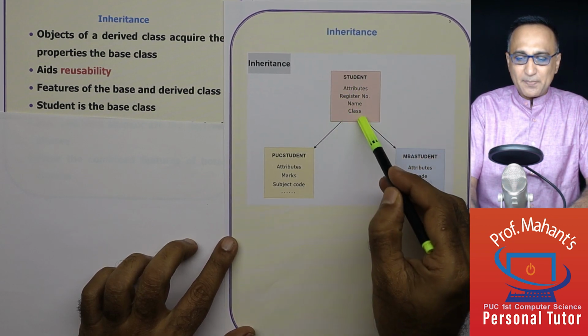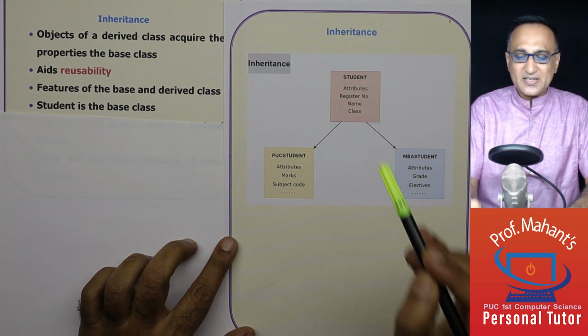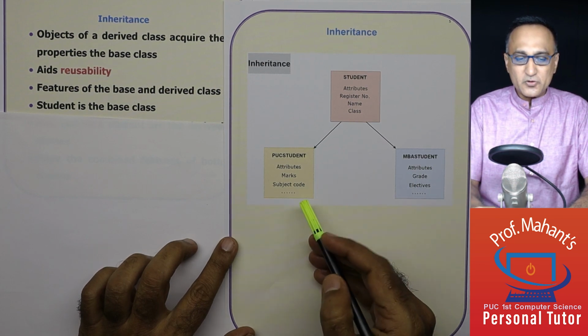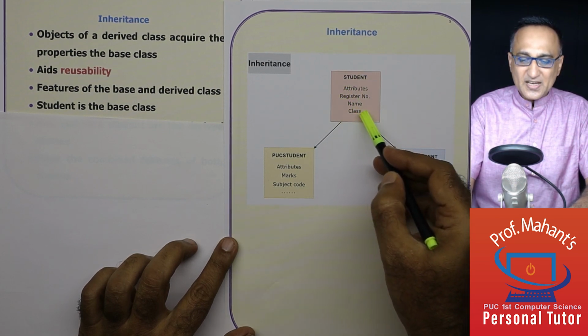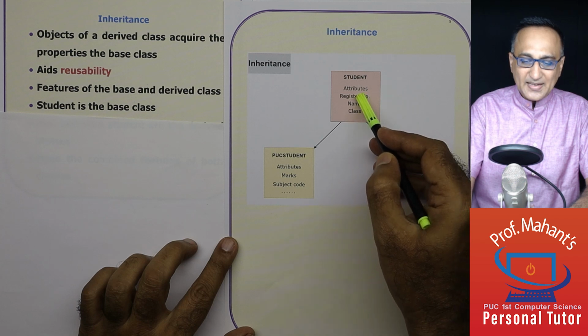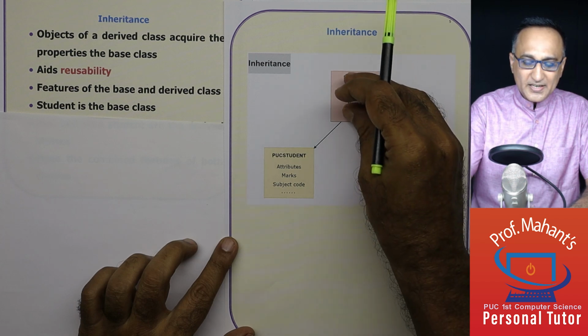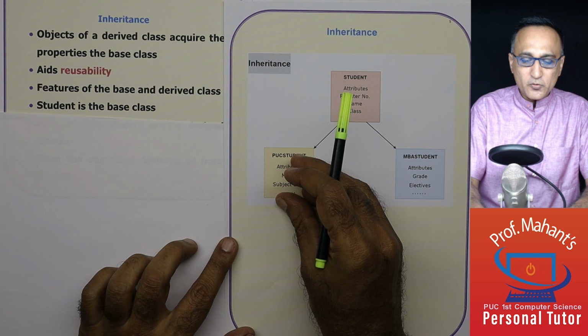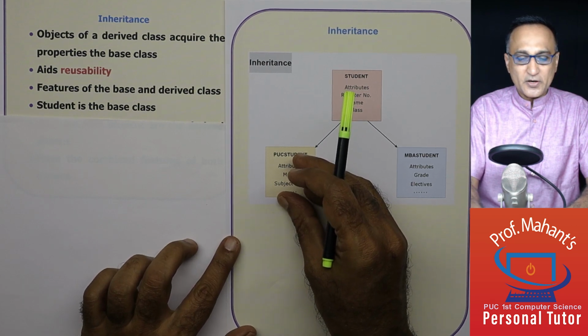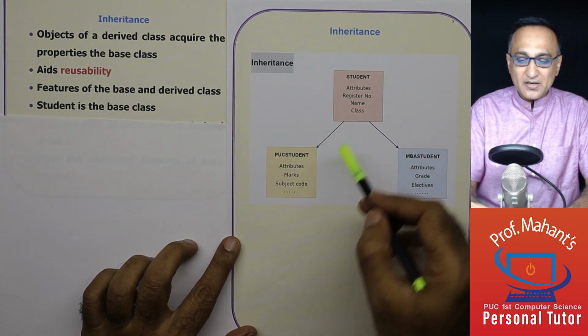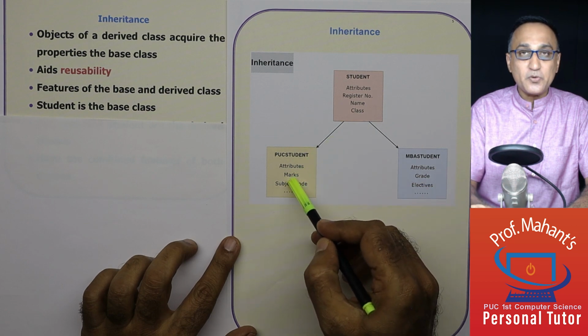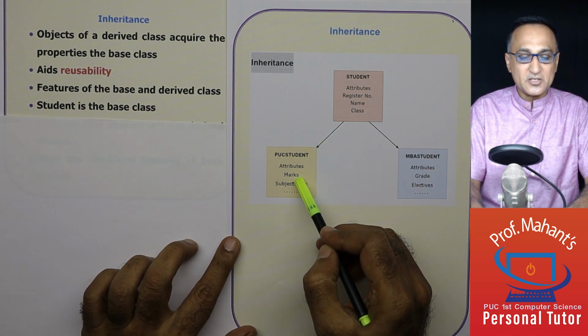Student is my first application where I have captured the basic data. Then when I build the PUC student, this is the base class or the base object. I inherit all the data and functions into the PUC student application. So the advantage is I am not redeveloping this application again in PUC. I am reusing the student application in PUC.